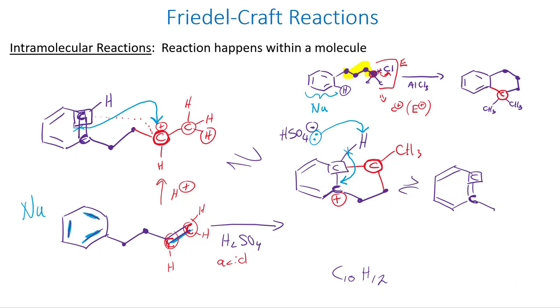So we now have an aromatic system again. We have the 2 dot carbons. We have the circled carbon that was the secondary carbon of our alkene. And we have a methyl group.